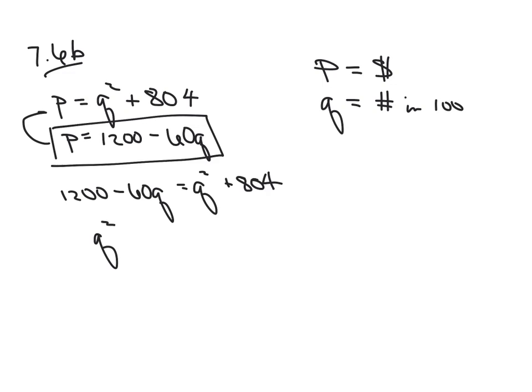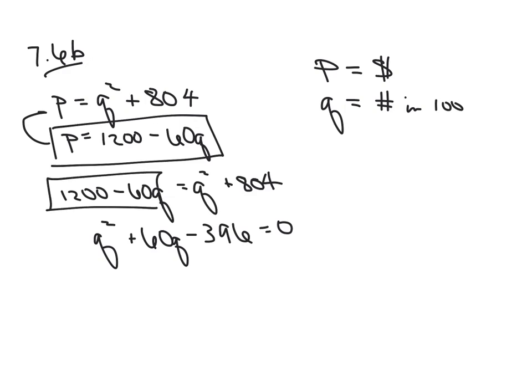So Q squared plus 60Q minus 396 equals 0. So what we did is we took both of these numbers and moved them over here by changing signs and combined like terms.